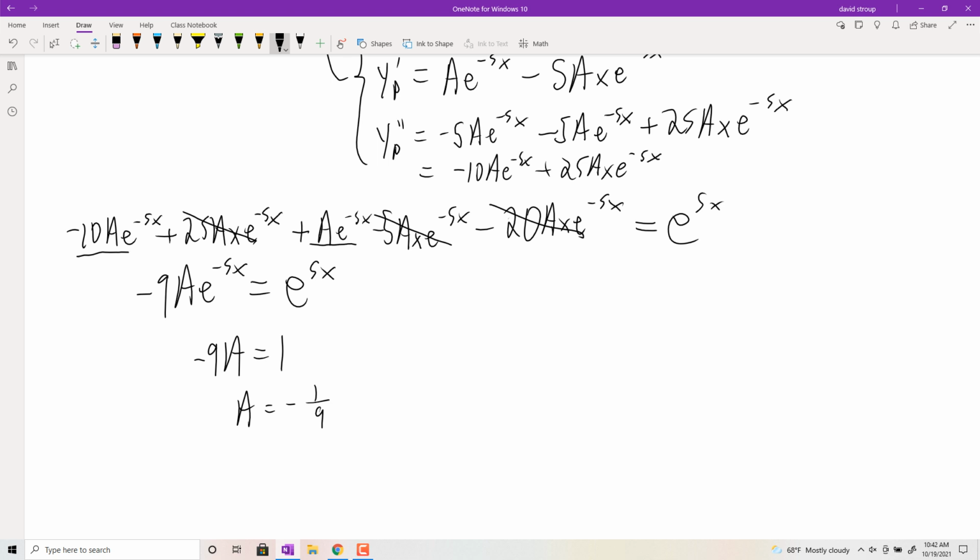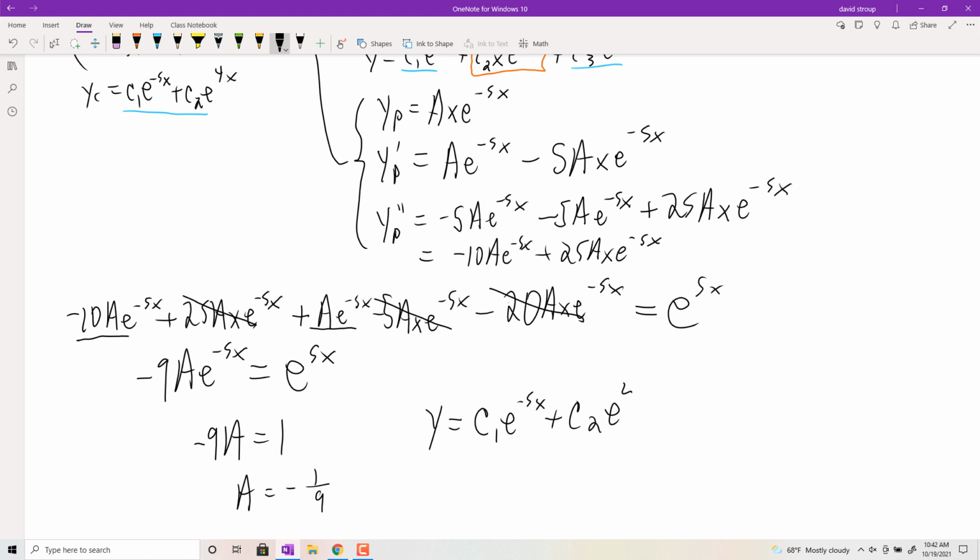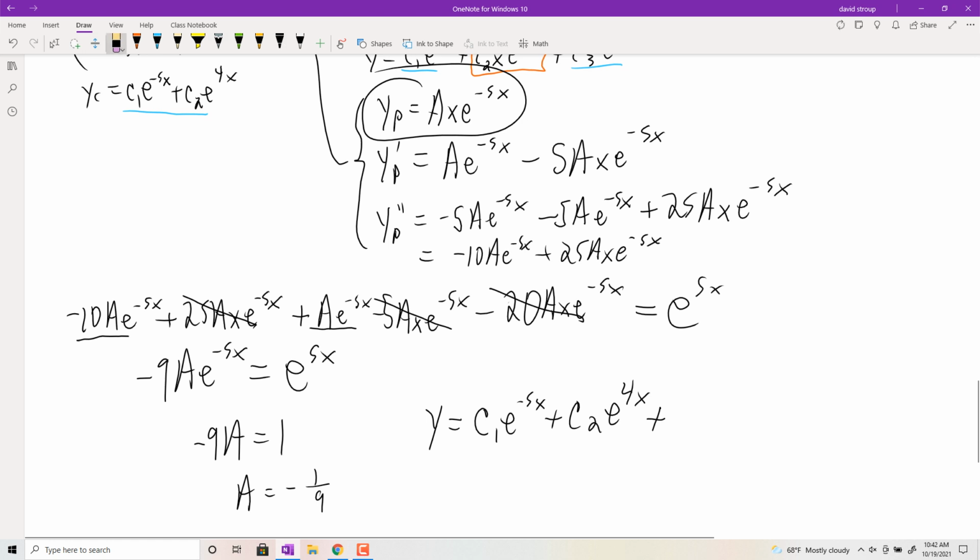And then finally back substituting for our solution. The solution is the complementary part plus the particular part. So it's c1 e to negative 5x plus c2 e to the 4x plus our particular solution, which is right here with a negative 1/9 in front. Let me erase that so we put a minus sign. So negative 1/9 x e to negative 5x.